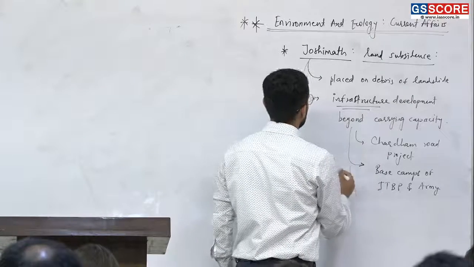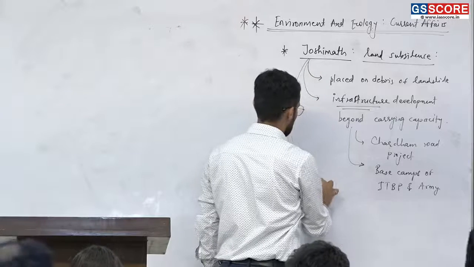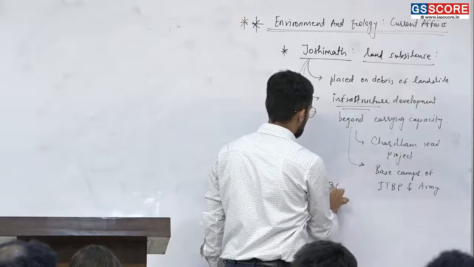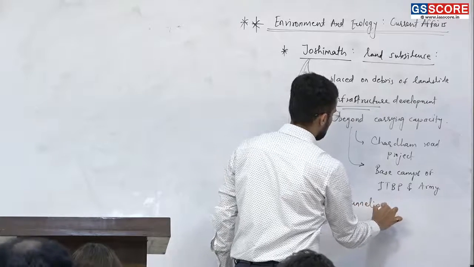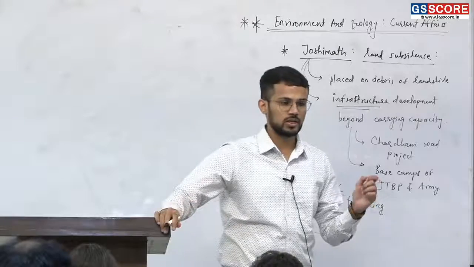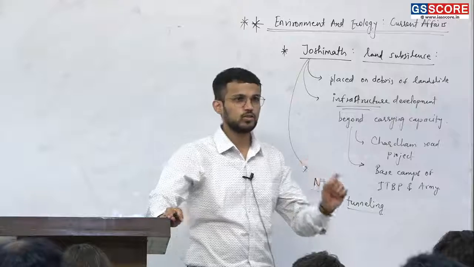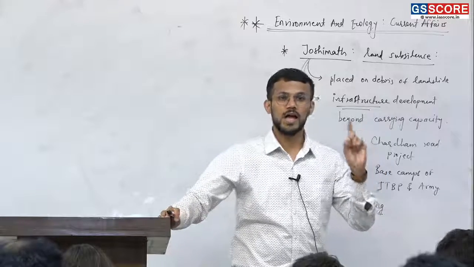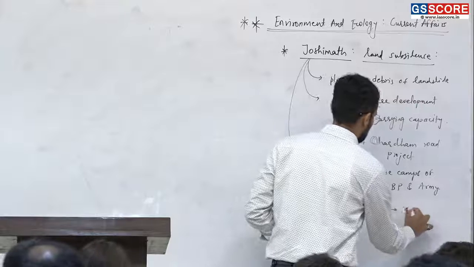Fine. Then one more reason is that NTPC has carried out tunneling activity in this particular area, and during their tunneling activity in 2008 or 2008-9, it led to puncturing of an aquifer. One aquifer was punctured due to the tunneling activity.